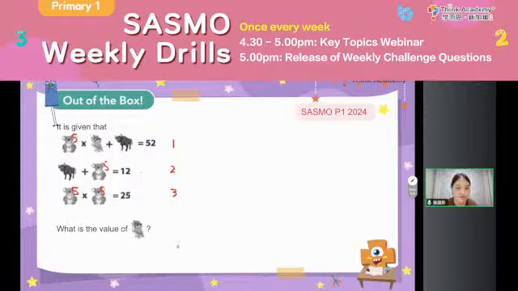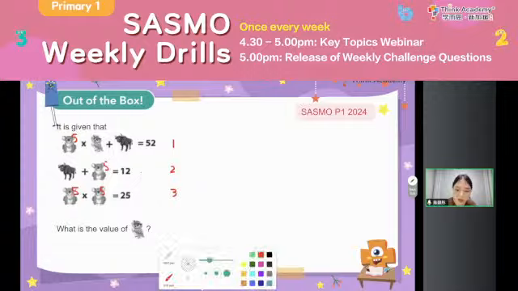Okay, and then after we know the koala, we can see what about the other items. Do you want to start with equation 1 or equation 2? Equation 2, right? Because equation 2 right now got only one missing number. So what is the value for the cow?